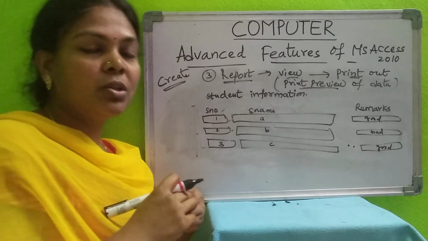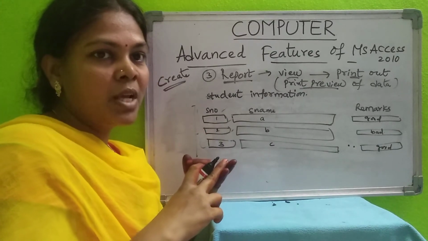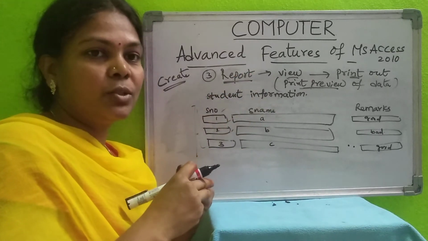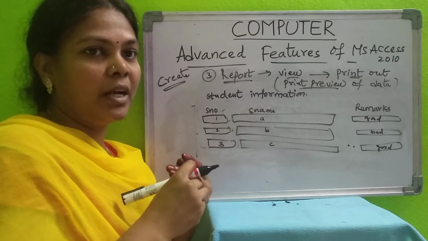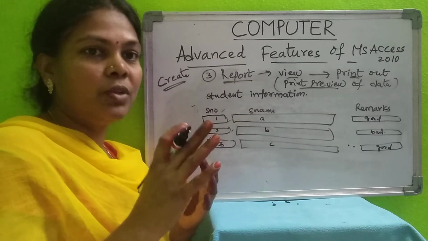Okay children, I will show you all these queries, reports and forms in the system, and how to create and save them, everything I will show you, so that you can remember well and practice on other tables also. For example, I am showing you only the student table.